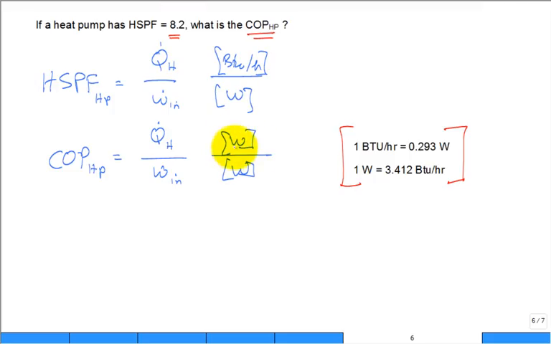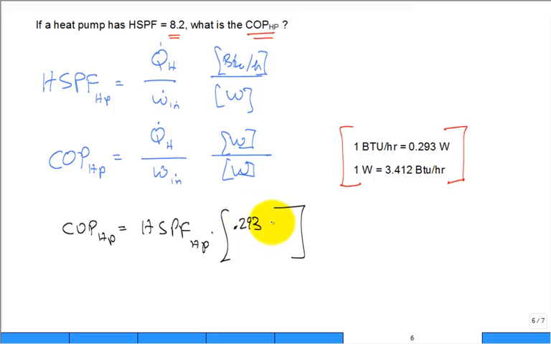So if you want to make them equivalent, the COP of the heat pump is equal to the HSPF of the heat pump times a dimensionless unit conversion factor, 0.293, which converts the watts and cancels with the BTU per hour.